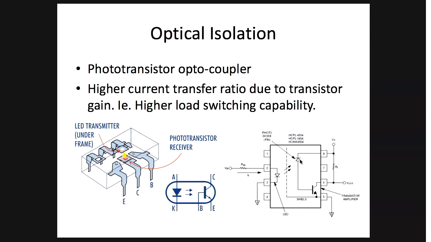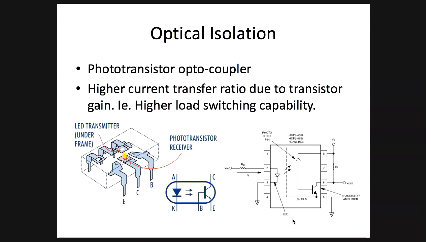This photodiode will receive the light and generate a small current, and that will increase the base current of this one. When the base current is increasing, you will get a big, high collector current, and that collector current is coming out as V out, and then you pull up to your positive voltage here, and this is your ground. So only the light is transmitted across, so this part's supply and ground is fully isolated from here. That's how optical isolation works.